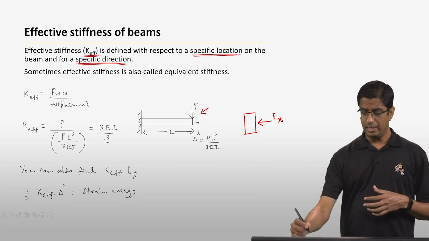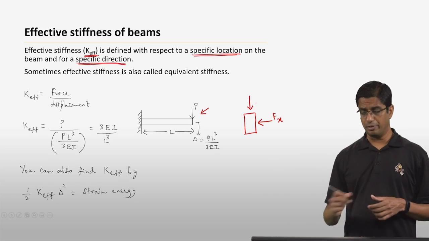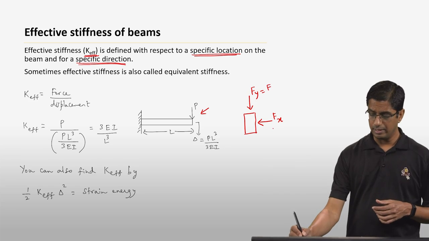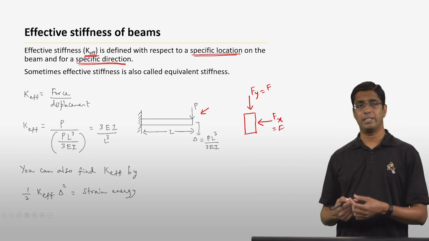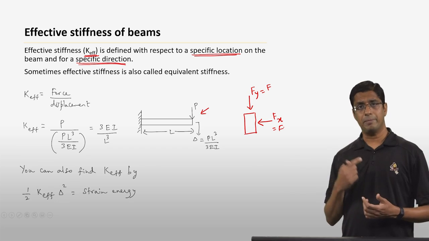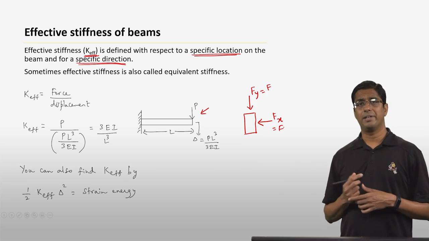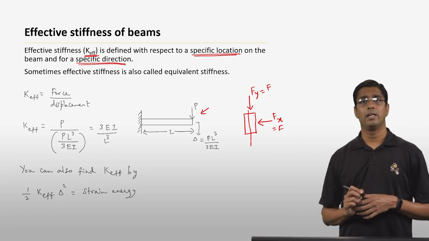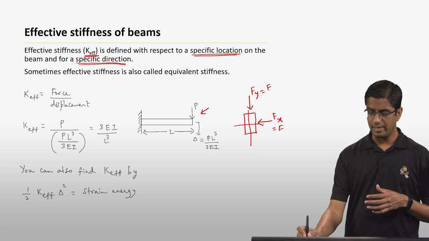On the other hand, if you apply the same magnitude of force, Fy equal to F, the deflection you get in the y direction is going to be much smaller than the deflection in the x direction, because the moment of inertia about the y-axis is much smaller than the moment of inertia about the x-axis.